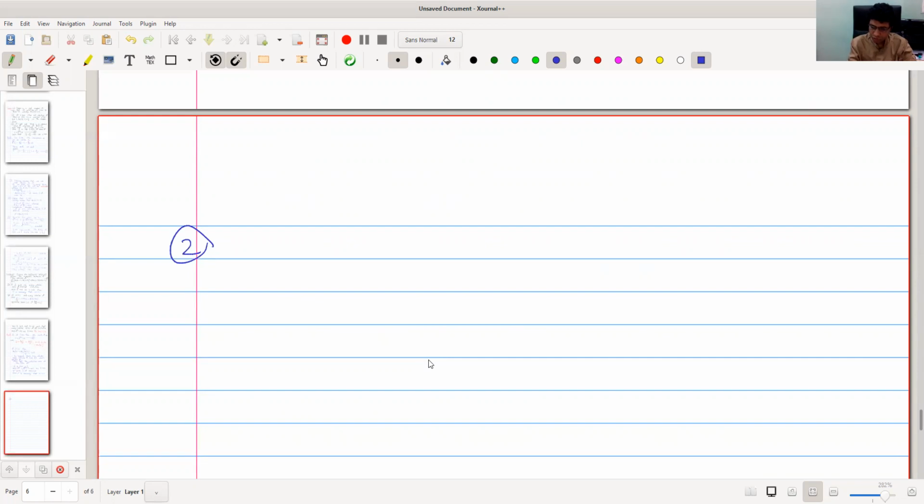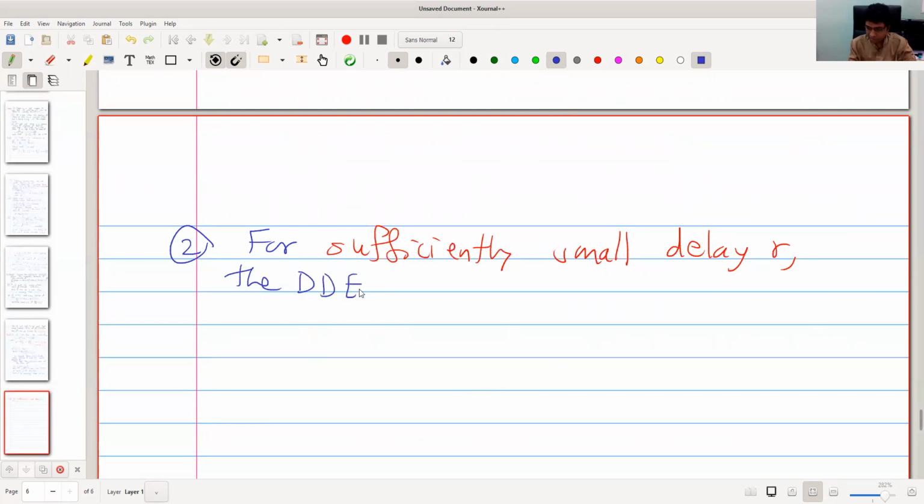So for sufficiently small delay r, this is important, the delay differential equation phi is a perturbation, a slight change, of the ordinary differential equation.